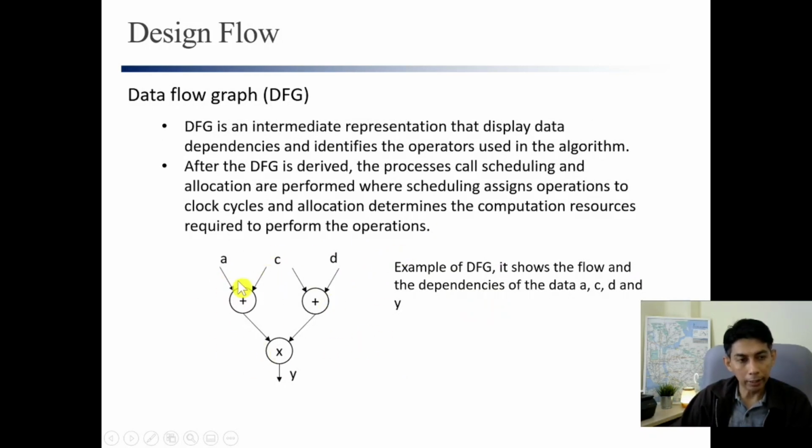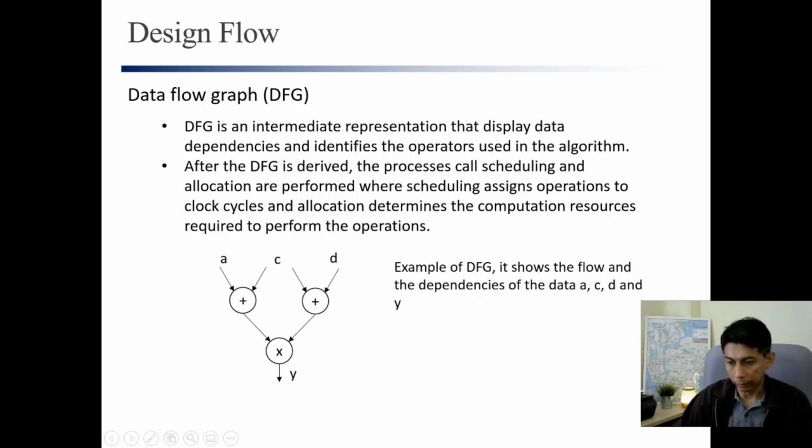So we can see that this shows the dependencies of Y with the inputs here, A, C, and D, where the data flows this way, and the operators that are used, which are the adder, addition, and the multiplier here.